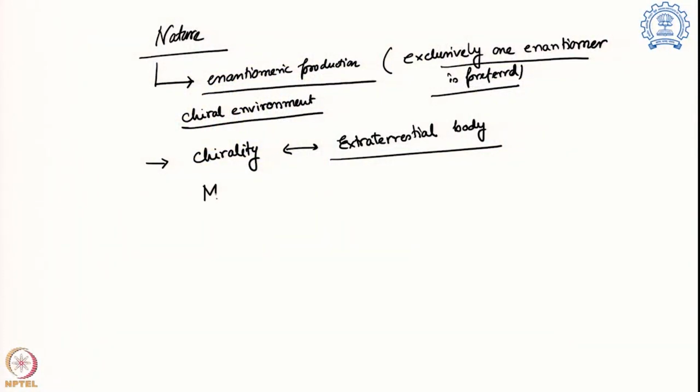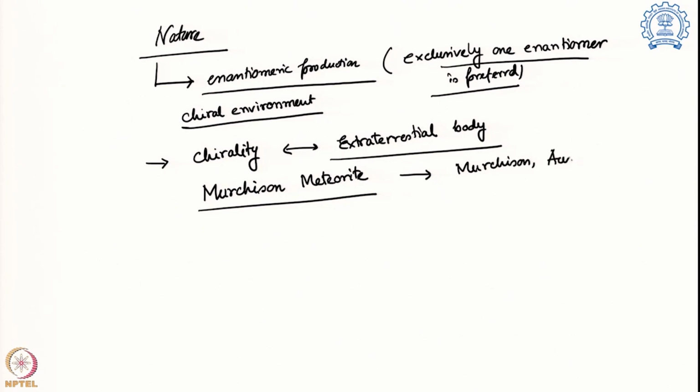One of the proofs that we are going to discuss today is known as the Murchison meteorite. The Murchison meteorite is a meteorite that came from outside the world and hit a place named Murchison, situated in Australia, and this phenomenon of the huge meteorite hitting the earth at Murchison happened in the year of 1969.